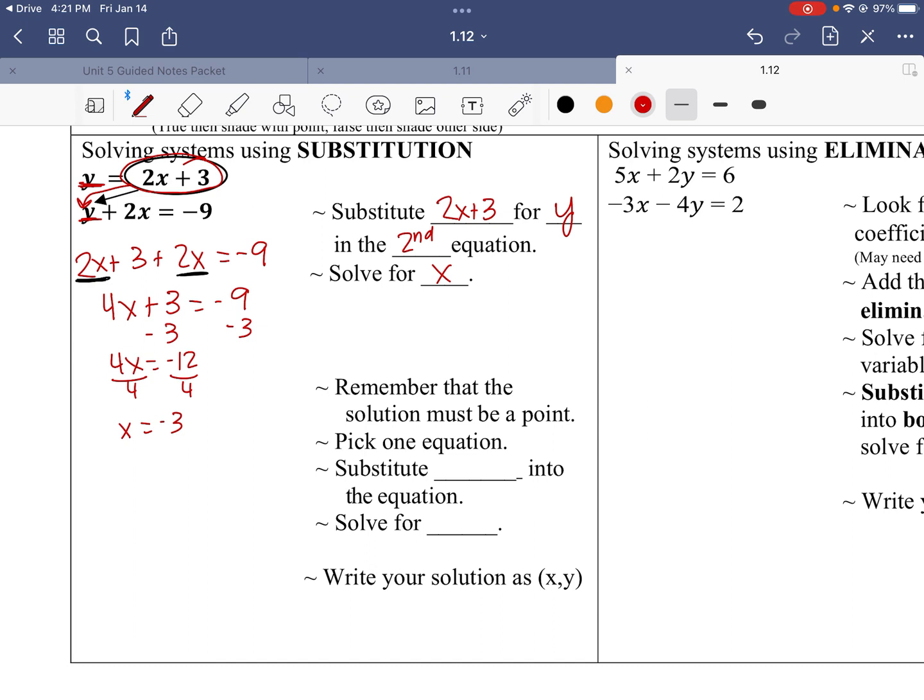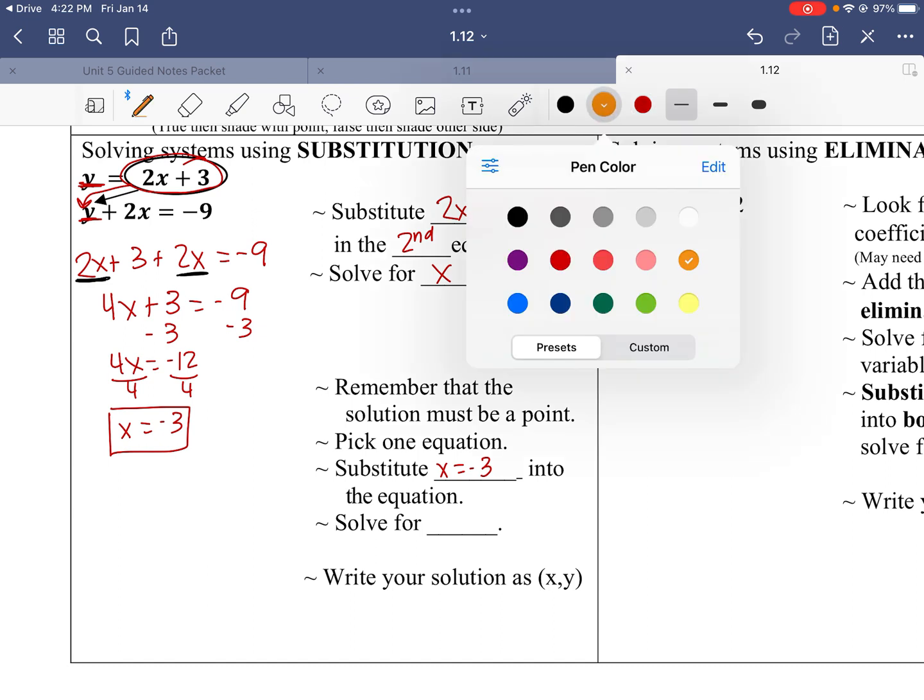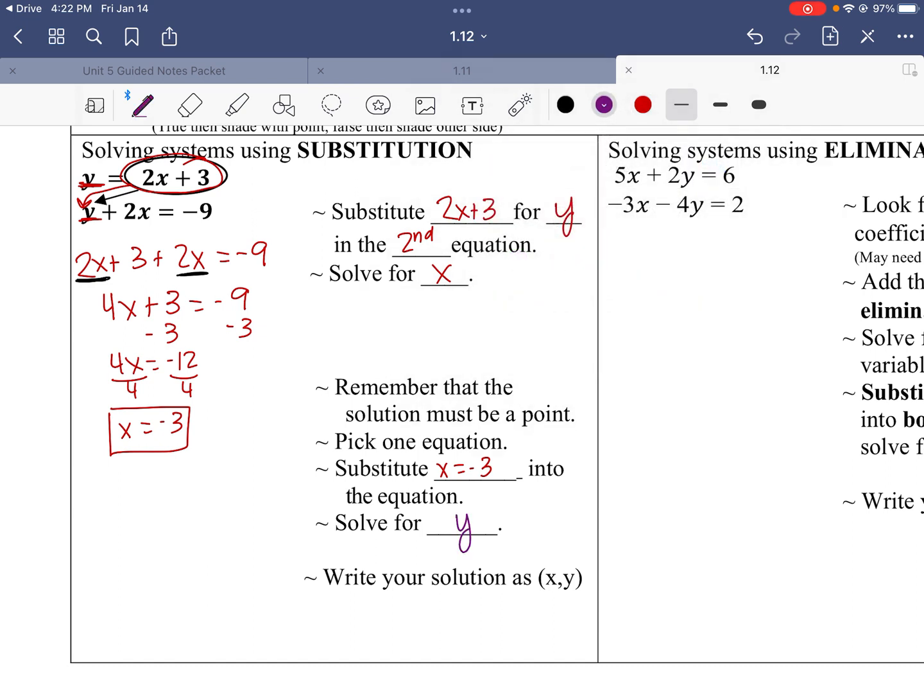Now, the solution has to be a point. Okay, it has to be. So, we pick an equation, it doesn't matter top or bottom, and we substitute the x value into the equation, and we solve for y.